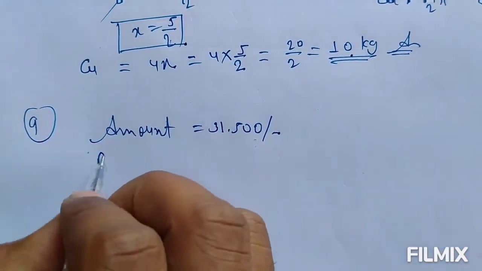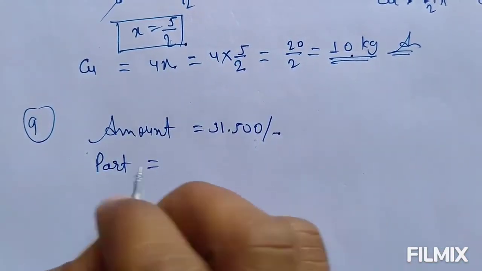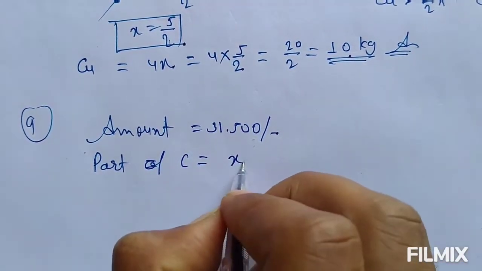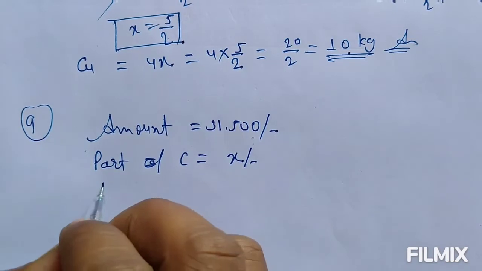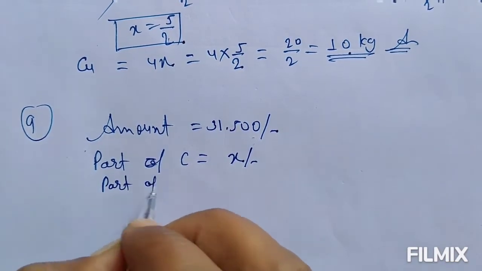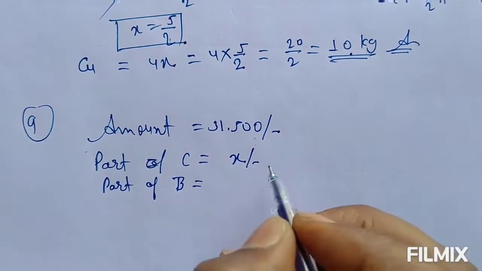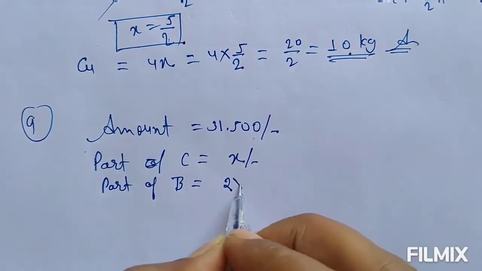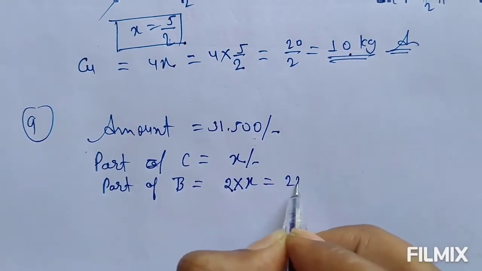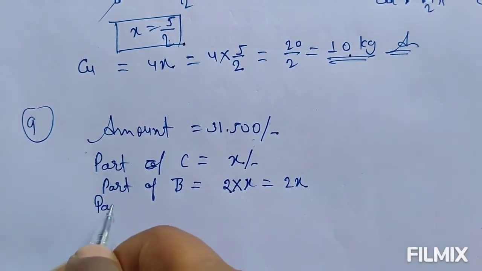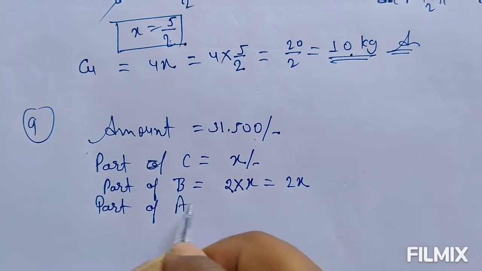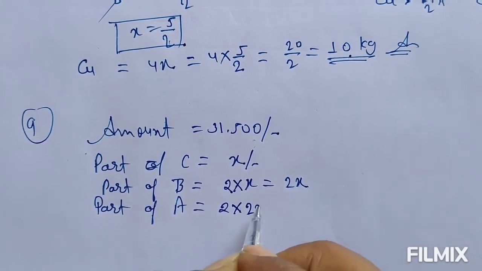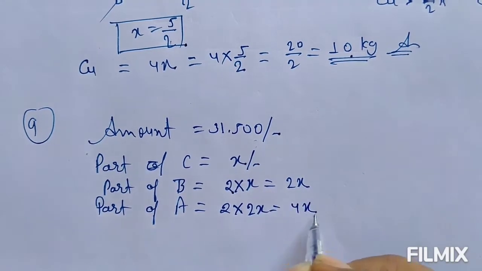Then part of C is rupees x. Part of B is just double of C. C's value is x. Then just double means multiply by 2, 2x. Part of A is just double of B, means 4x.